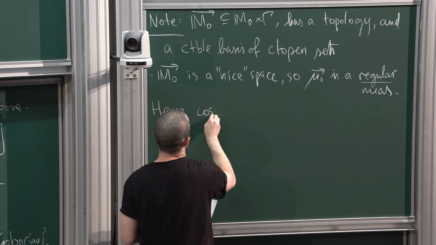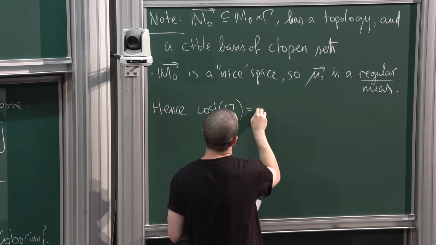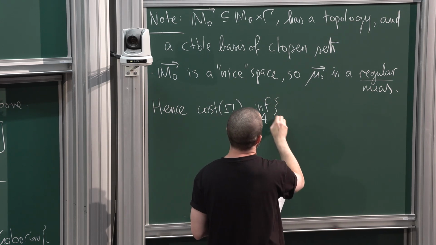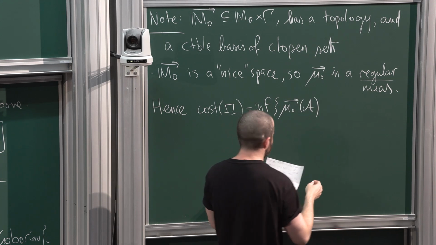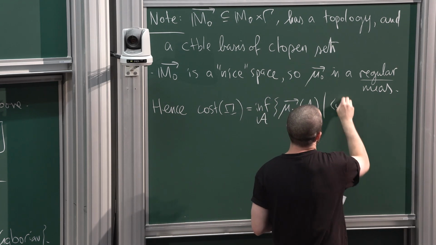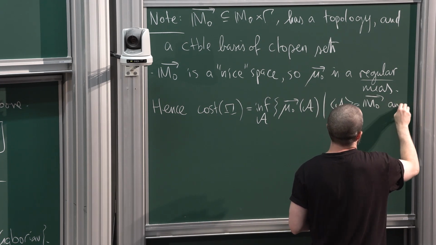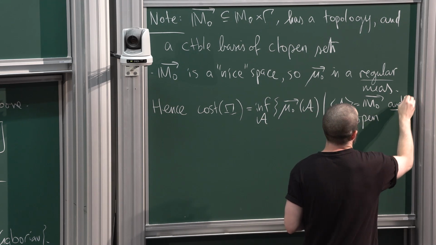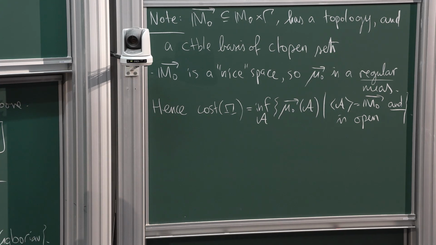So hence, the cost of this pi is equal to the infimum over all subsets of the arrow measure, such that A generates and is open. I hope this is clear.